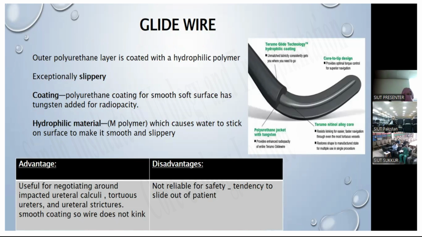And as I have said, you need to have a guide in order to have a kind of a pilot that takes you around certain anatomical areas, which are slightly bent, which are slightly curved, and then move on to the target position.